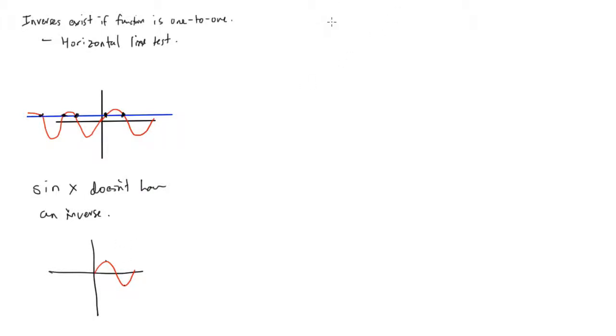And with sine, the typical way that we do it, actually let me do sine of x, is to only look at quadrants 1 and 4. And the reason for this is that in quadrant 1, sine is positive, and in quadrant 4 it's negative.